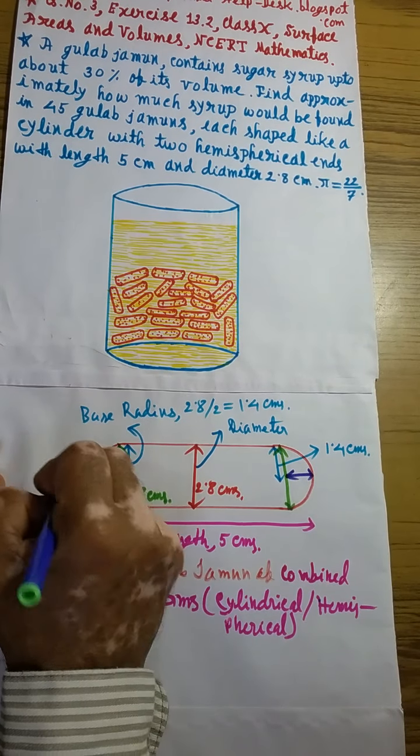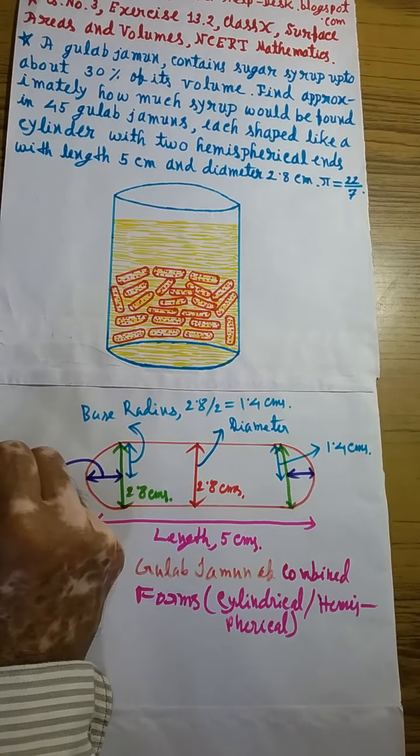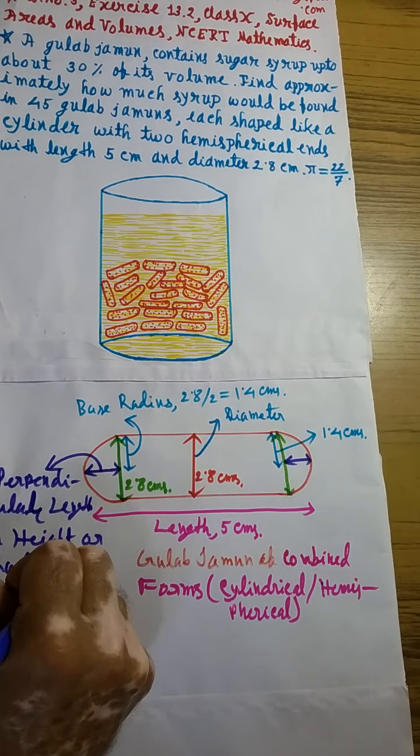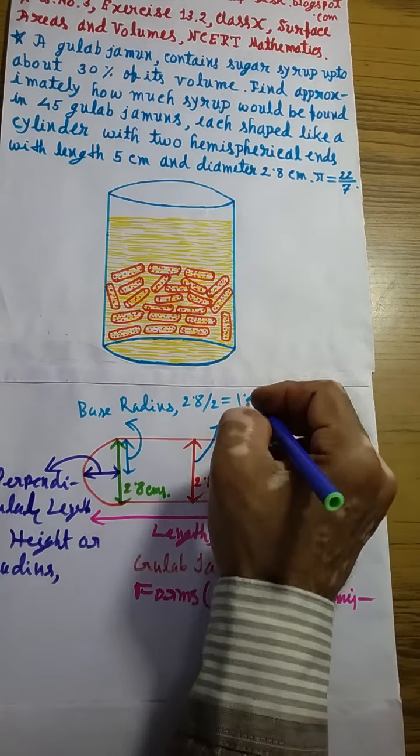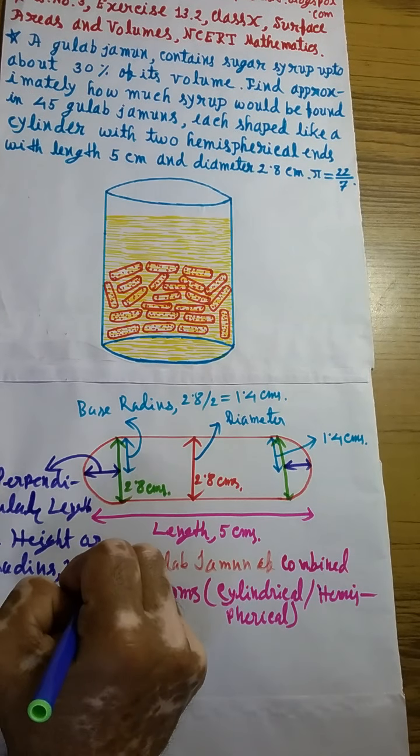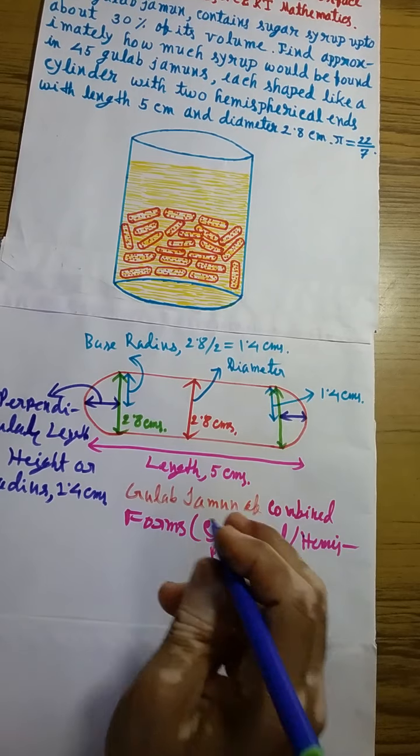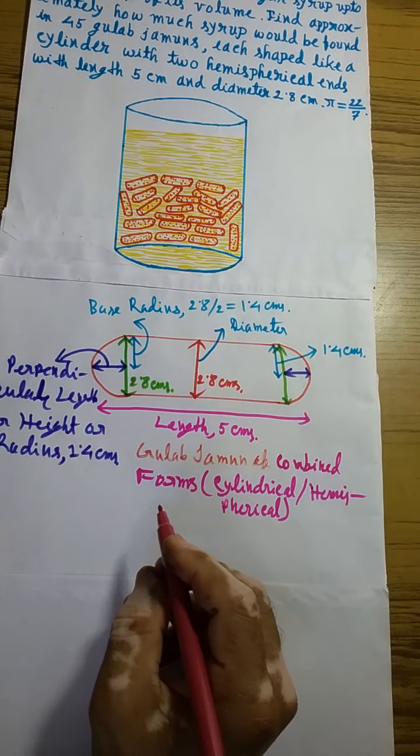Right here, perpendicular length or height or radius, which will be equal to 1.4 centimeters. After this, let us proceed in this way.